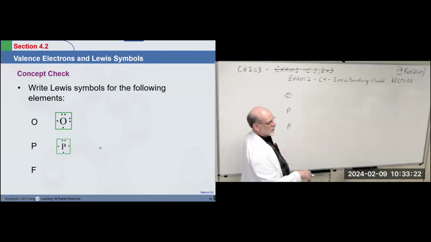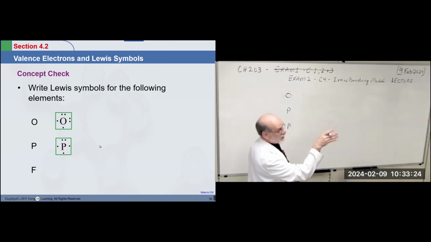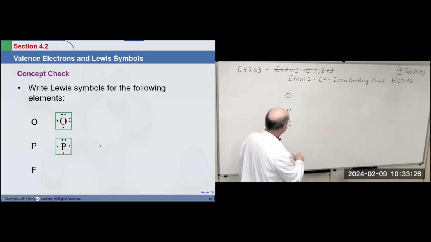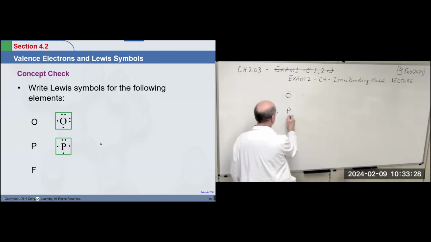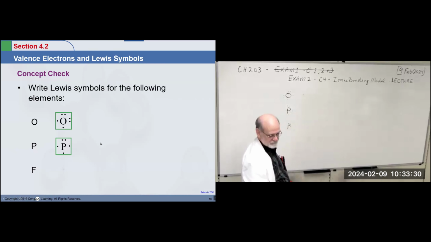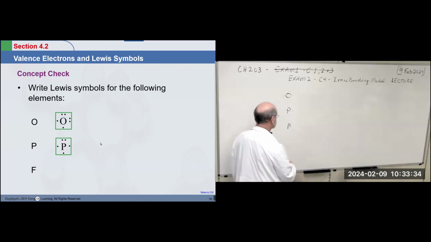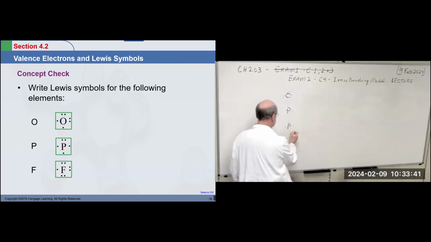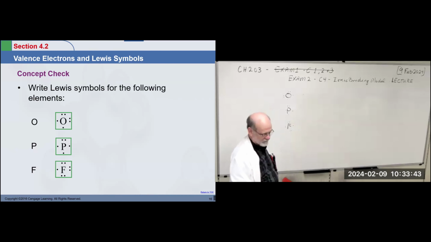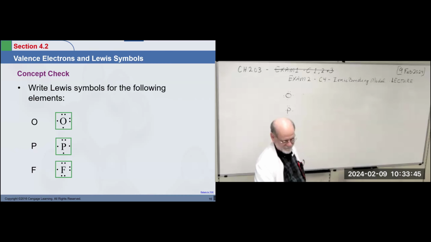And phosphorus, its column is in the pnictogens. It has 5 valence electrons. 1, 2, 3, 4, 5. Okay. And fluorine is a halogen. It's in the Roman numeral 7. 1, 2, 3, 4, 5, 6, 7. Okay.